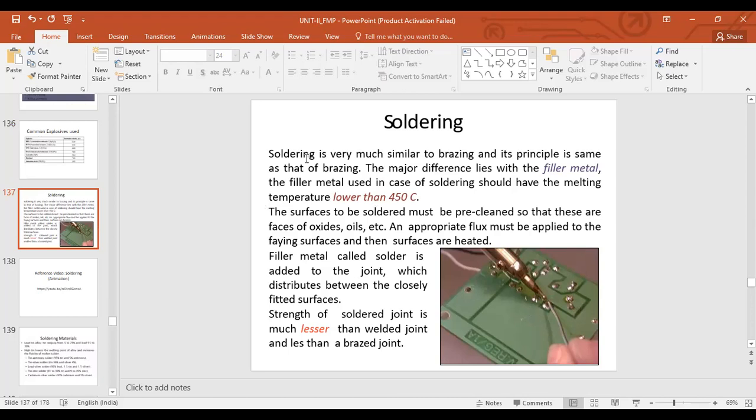And as you can see, it is very much similar to brazing. We are going to see brazing in the next few slides, hopefully. So these two categories are almost similar, and the principle are also same. Major difference lies with the filler metal, right? The filler metal used in case of soldering should have the melting temperature lower than 450 degrees centigrade, right?